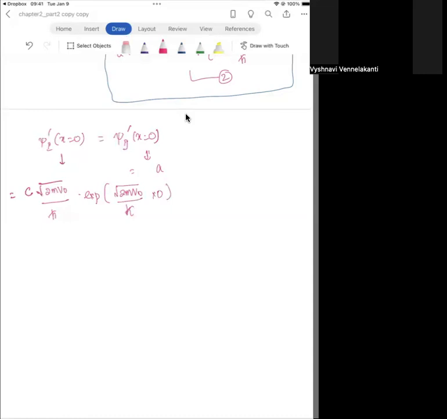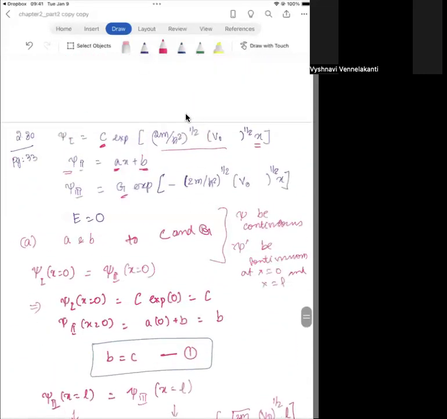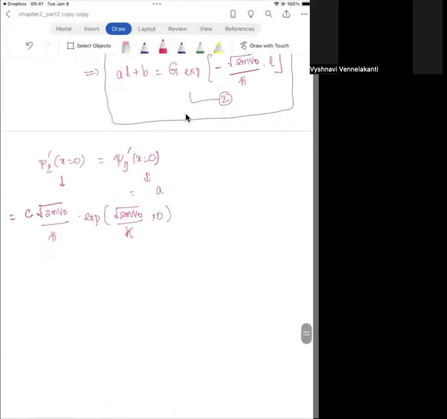When x equals 0, the exponent is going to be 0, so exponent 0 is just going to be equal to 1. So this means we have C over h bar root 2mV0 equals A. And this is equation number 3.